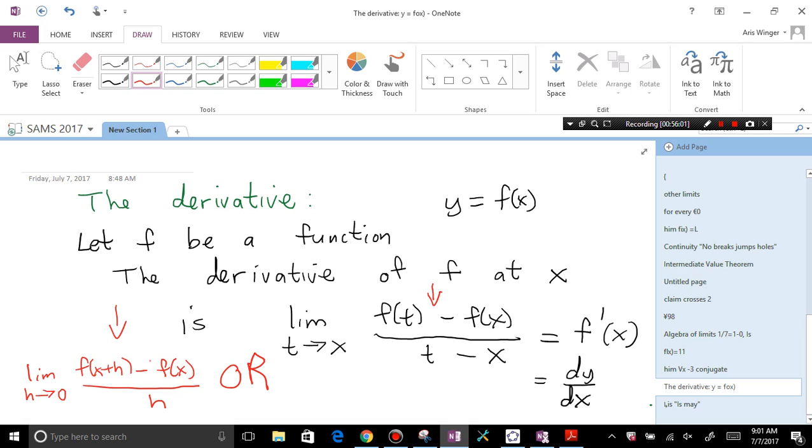First question on the test is define the derivative of f at x. So write both, either one or both. This is fine. And then I'll ask for a couple of interpretations.